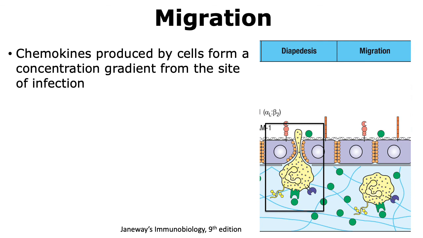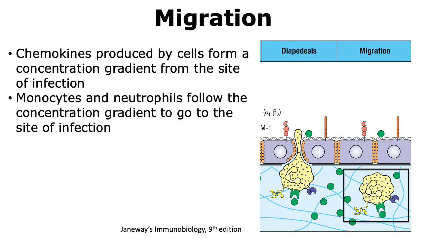The final step is migration, where the chemokines produced by the cells form a concentration gradient. The monocytes and neutrophils follow that concentration gradient because they express receptors for the chemokines and are now able to go to the site of infection.